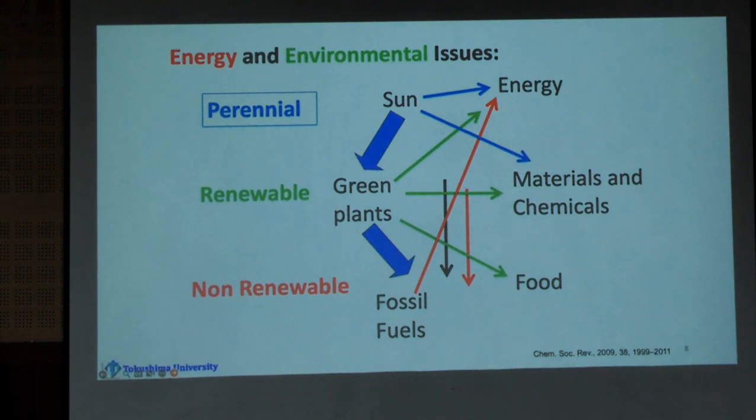So in the search of green energy, the thought was to find such energy sources with the help of the sun. Sun is giving energy, and that energy can be utilized for various purposes.